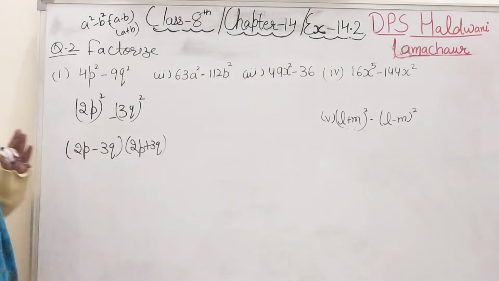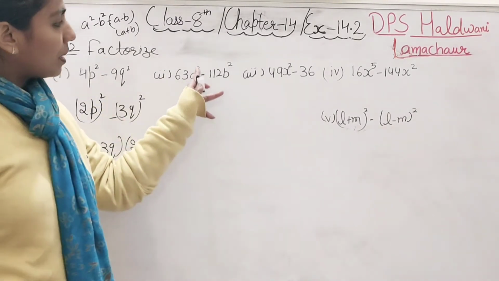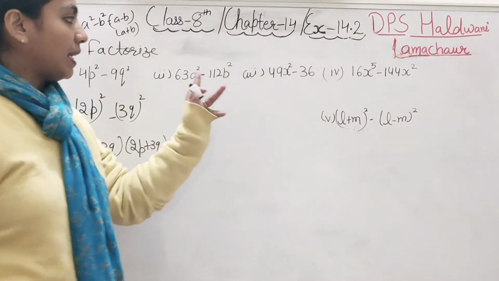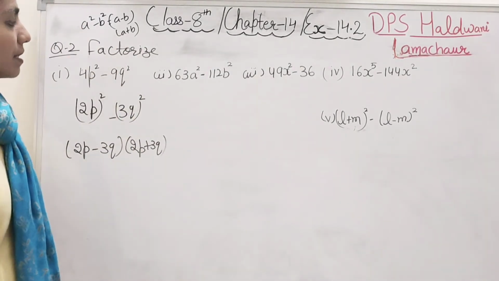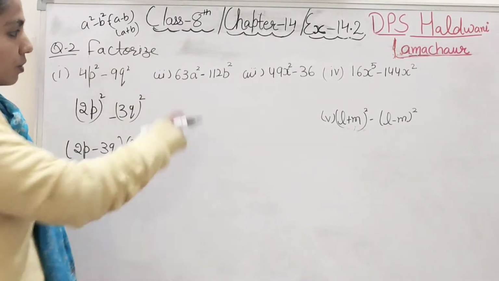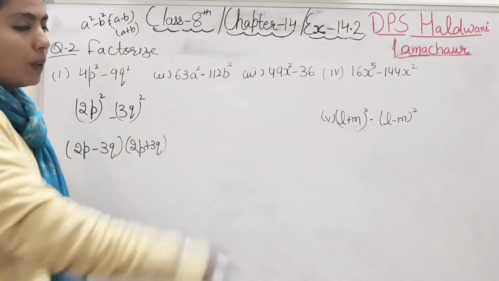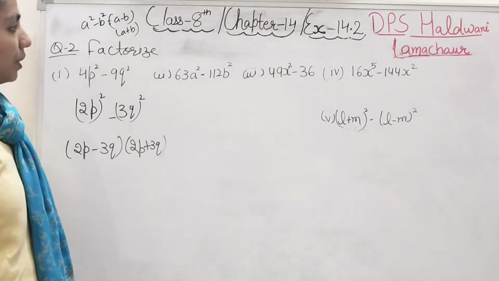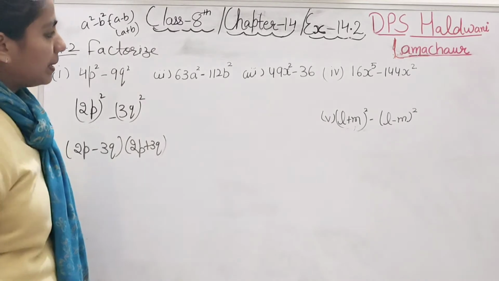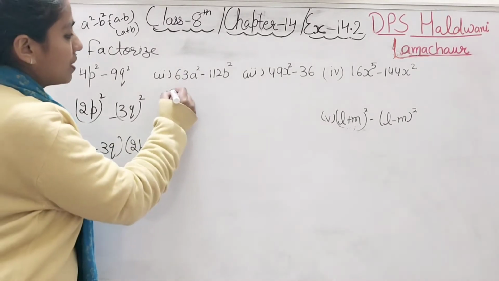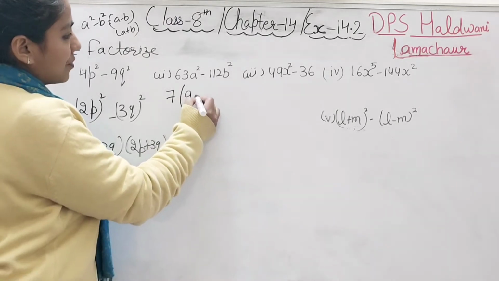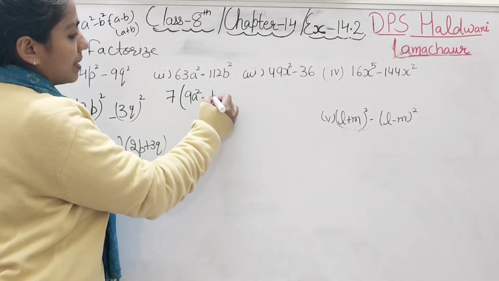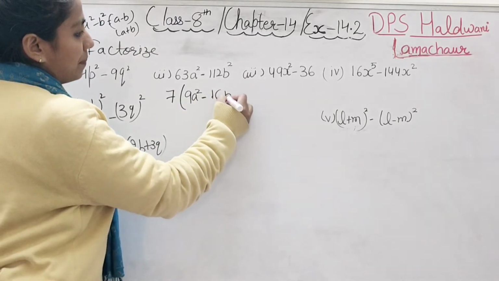Right? Coming to our second part, 63a square minus 112b square. Here also we can write down the same formula. Yes? 63 doesn't have any perfect square, and same for 112. So what else we can do? Anything common? Yes. 7 is common here, and 7 9s are 63a, 7 16s are 112, b square.